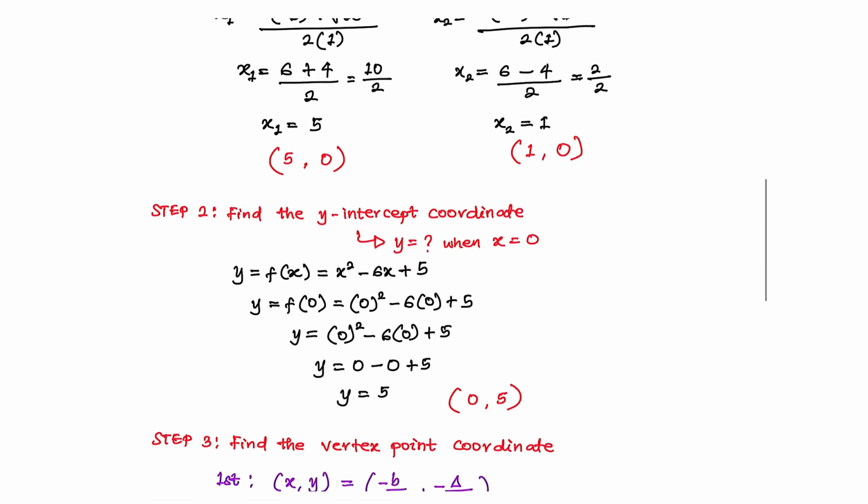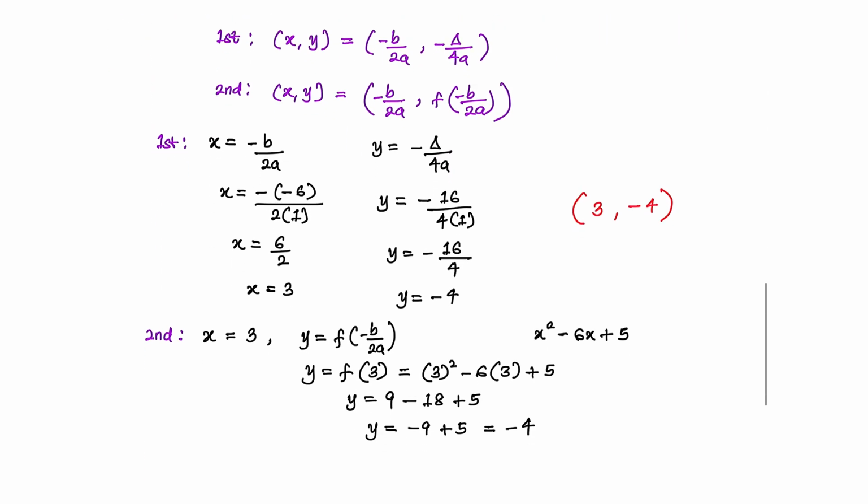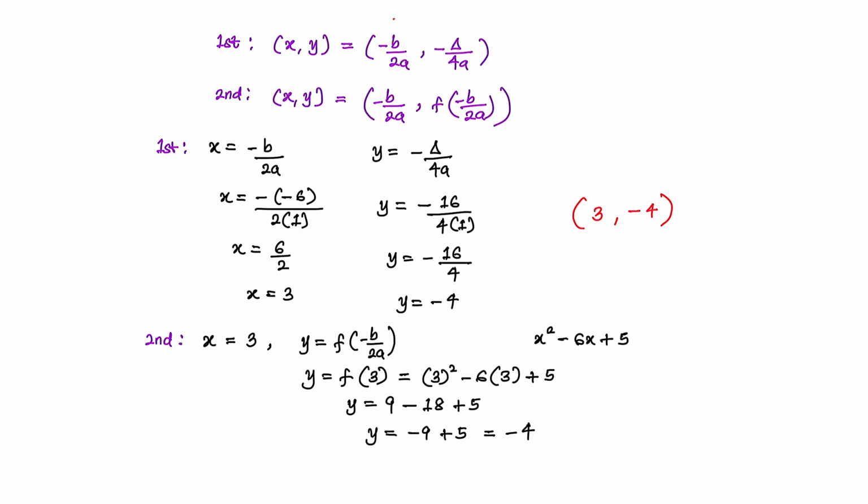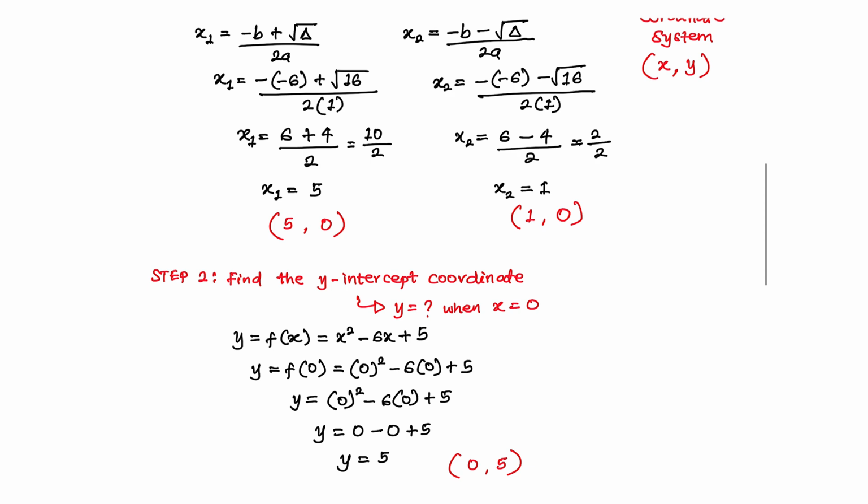And if you don't have a delta, you'll have to calculate your delta in order to use this formula, which is probably going to be a waste of time. So it's better to use this second method where you just substitute the value of x directly into the equation. So we have completed step 3.